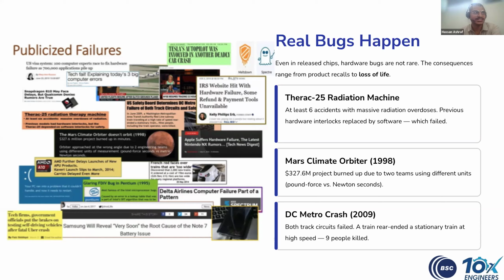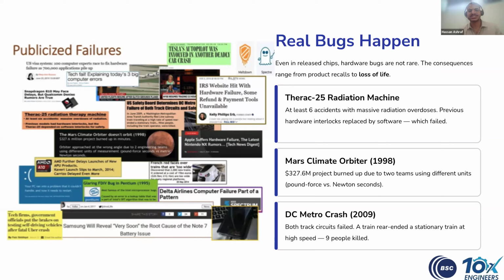And another example is the DC motor crash. In the train, something was not very well tested, it crashed, and again, it cost human lives. So these examples are the proof of why verification is important and how important it is.